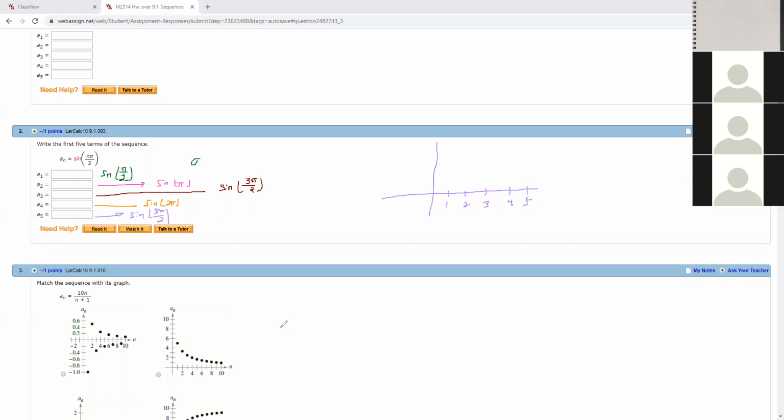So let's see. Okay, well, you could put those numbers in a calculator and get the sine values, but this is pi over 2, and this is pi, this is 3 pi over 2, and 2 pi, and so forth. So we can also use the definition of sine, which is y over r.